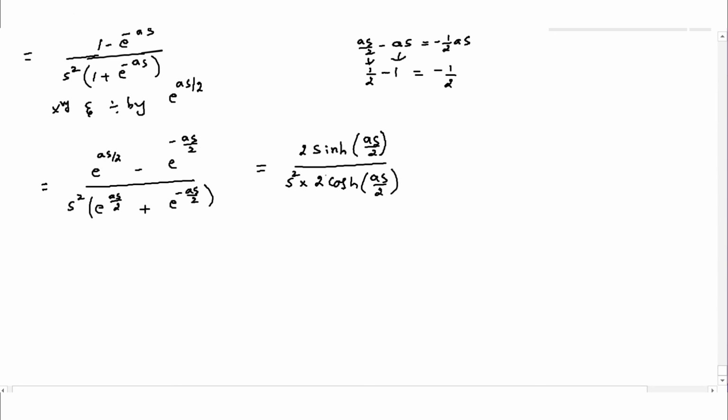So however, this 2 and this 2 will get cancelled. Sine by cos will be tan. So it is 1 by s square as it is. So we will be getting tanh as by 2, which is the required solution.